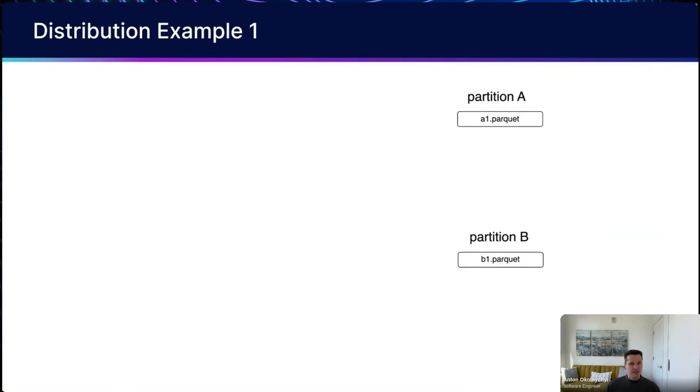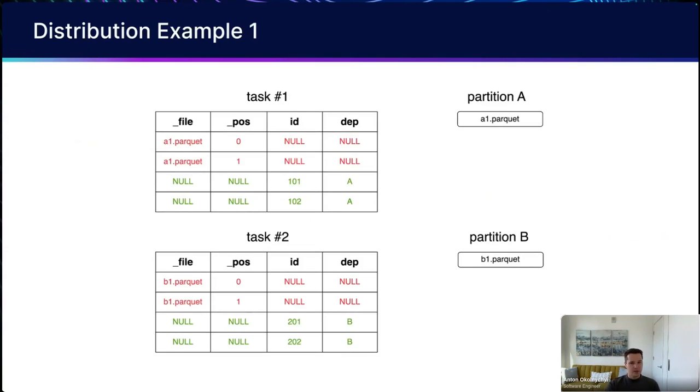Suppose you have a table with two partitions, partition A and partition B, and each has a data file in it. You execute a merge statement, and Spark determines that there are 4 deletes and 4 inserts that have to be encoded. Deletes are red, and inserts are green on this slide.